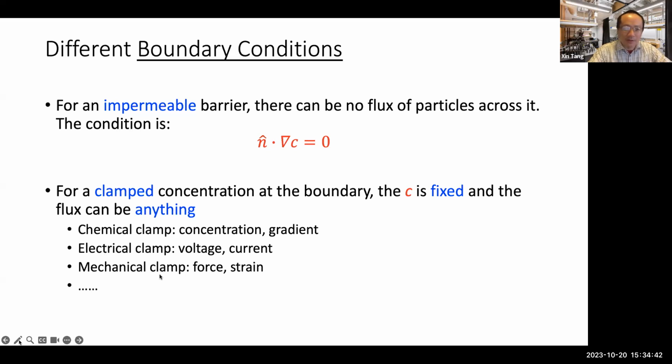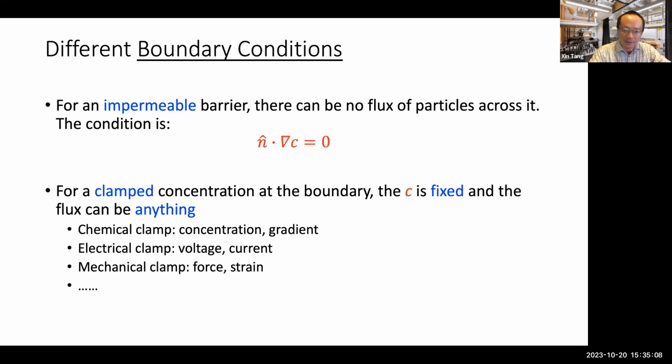There are also mechanical clamps. You can apply a mechanical force to keep the force on the membrane constant, like making the tension constant. And in some cases, people clamp the strain, clamp the deformation of the cell. For example, you can have a specific geometry that the cell gets into, and then the cell will fill up that space.